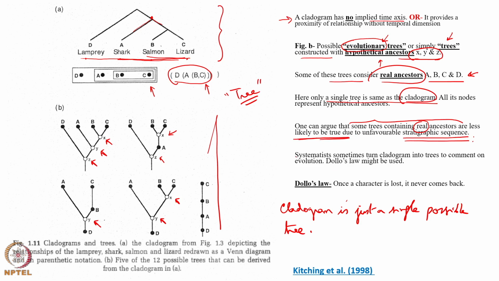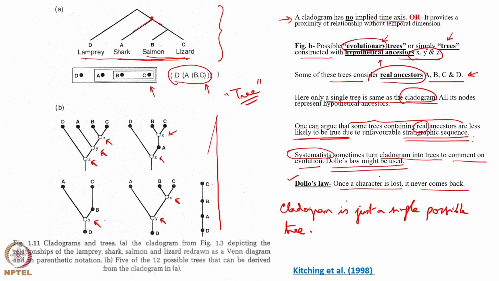And systematists who are studying and grouping these organisms, or grouping the taxa, sometimes turn cladograms into trees to comment on the evolution, and sometimes the Dollo's law is used. The Dollo's law states that once a character is lost, it never comes back.